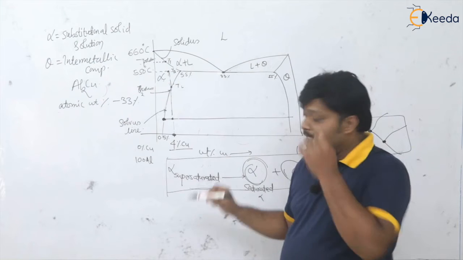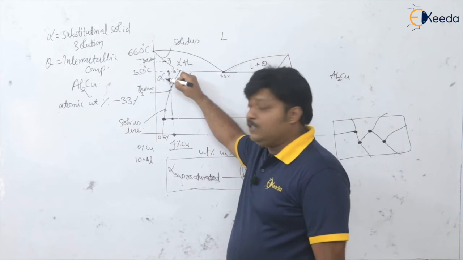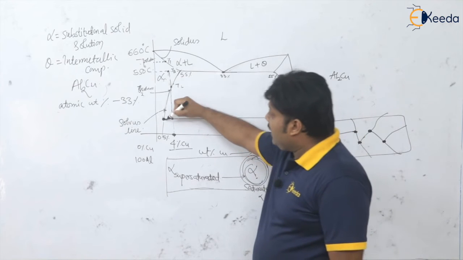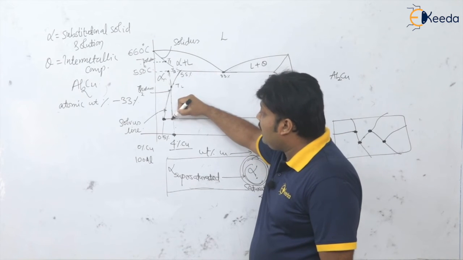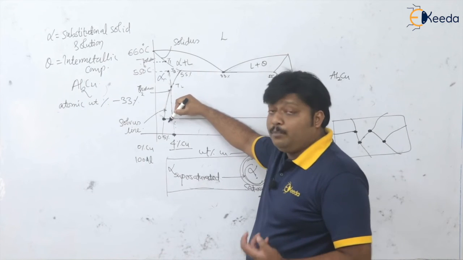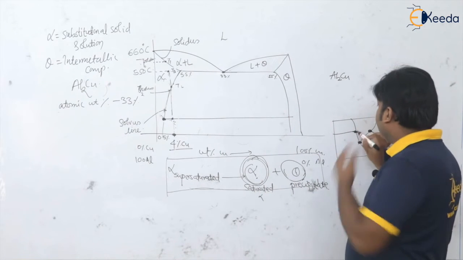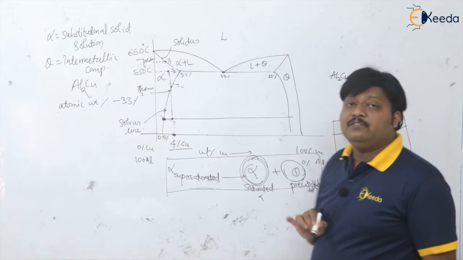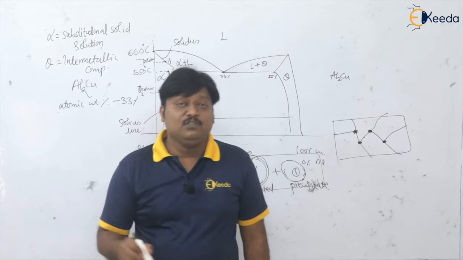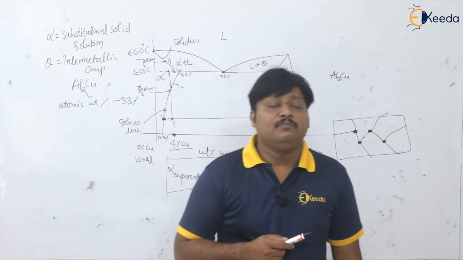That is, alpha decomposes to form alpha plus theta, where this alpha is the supersaturated alpha, and on the solvus line it is a saturated alpha, and the remaining copper in this alpha is coming out with this theta, which is a precipitate, which will grow along the grain boundaries and increase the obstacles for the movement of dislocations, which results in the strengthening of that alloy.